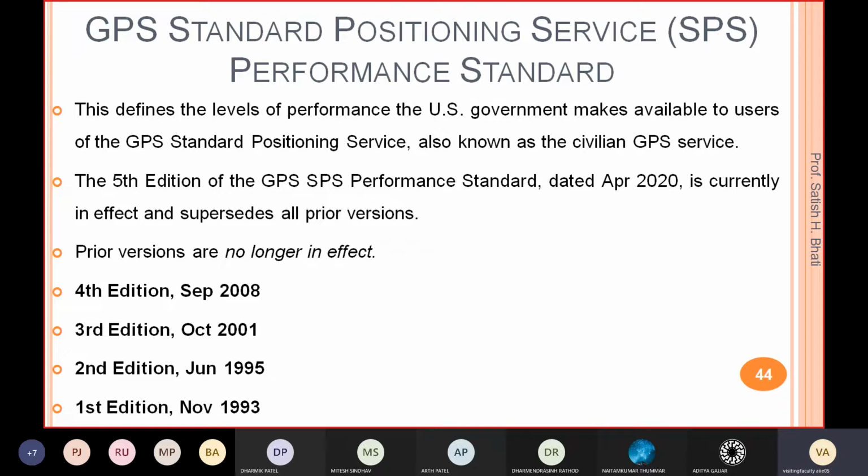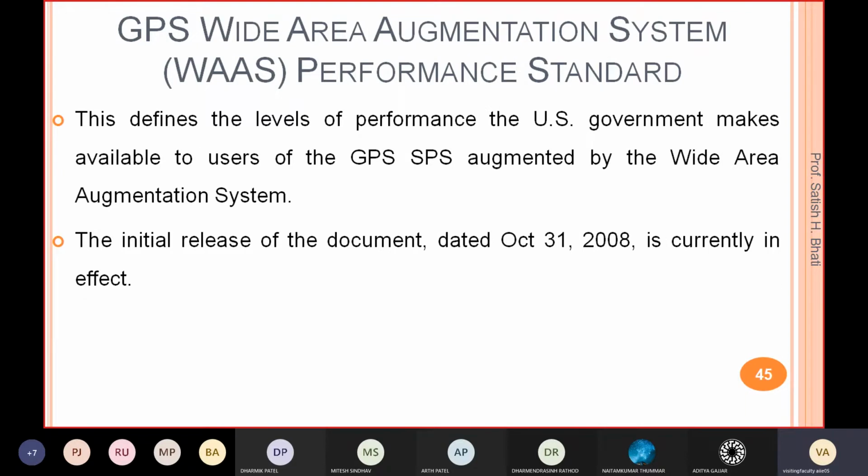Then after some years' interval, they upgraded the performance standard. So the latest one was given in April 2020, right? So right now the fifth edition is in effect, right? Then there is the performance standard specifically for the augmented system, which was initialized in 2008, and currently the same standard is effective.